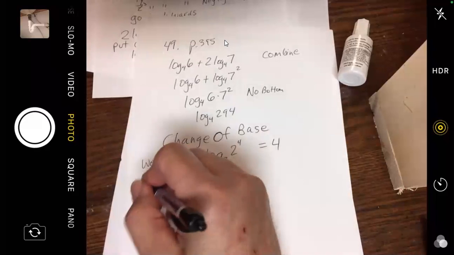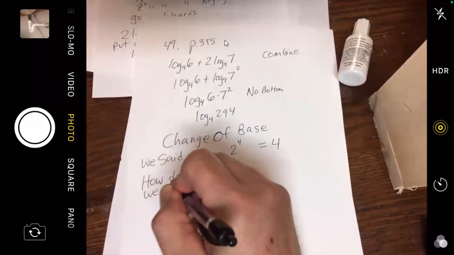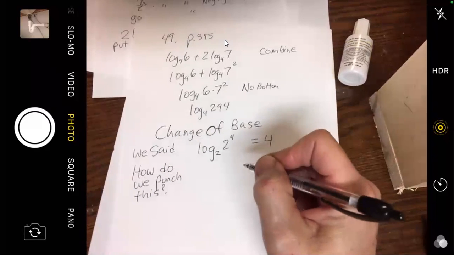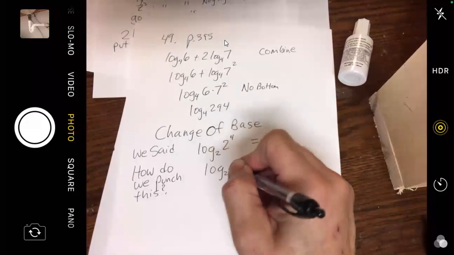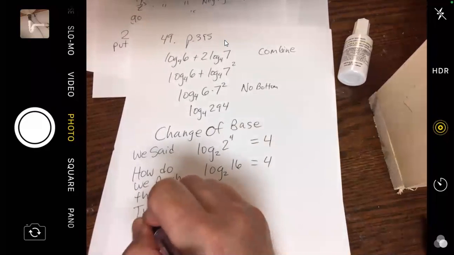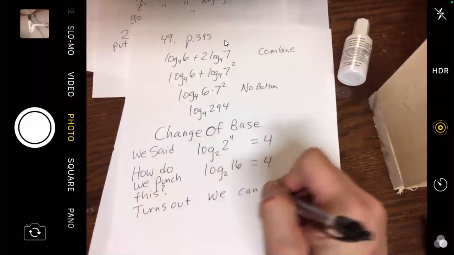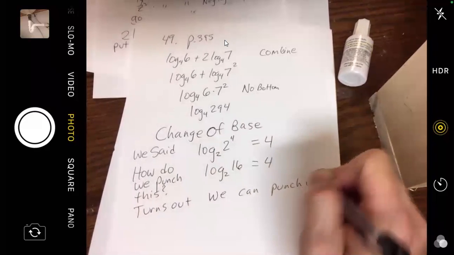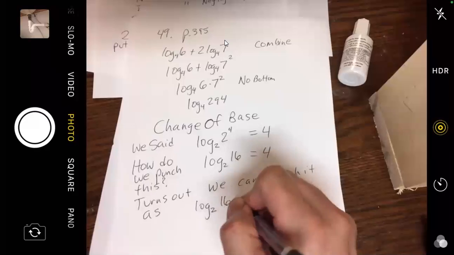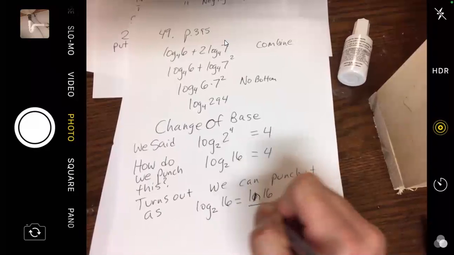How do we punch this? Well, you'd have log base 2 of 16 equals 4. Turns out we can punch it as log base 2 of 16: use ln of 16 and divide it by ln of 2.